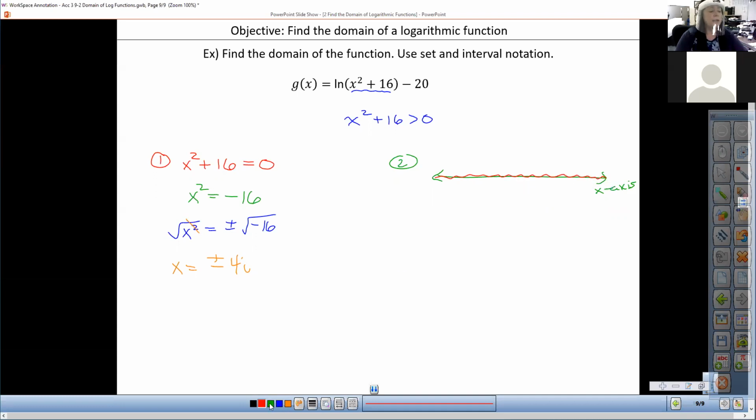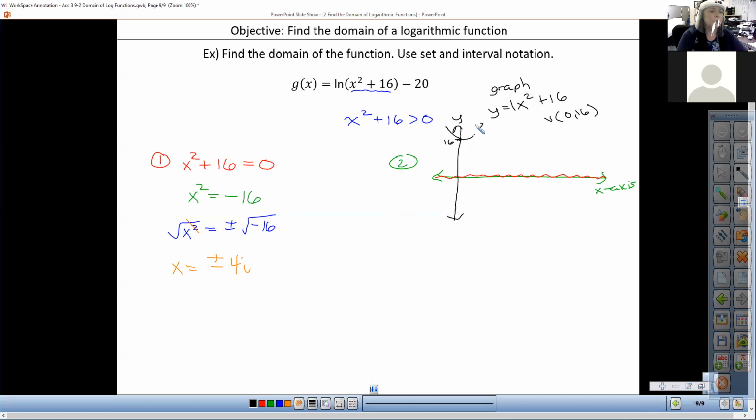For those of you who like the graphical way of doing this too and seeing the graph, if you look at the graph of y equals x squared plus 16, this is a parabola that opens up because a is positive and has its vertex h comma k at 0, 16, which remember would be on the y-axis right there.